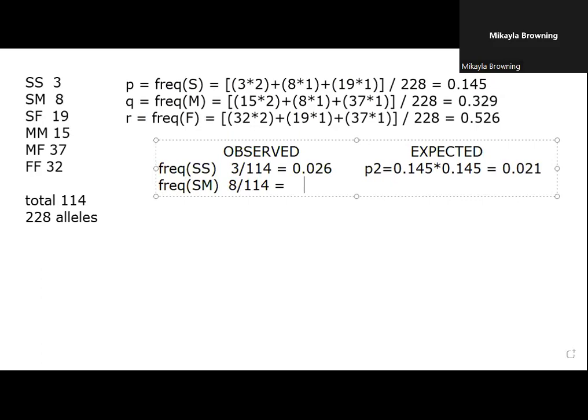And our expected is going to be 2PQ, which is 2 times 0.145 times 0.329. All right, do we know what those are yet? Calculator people.